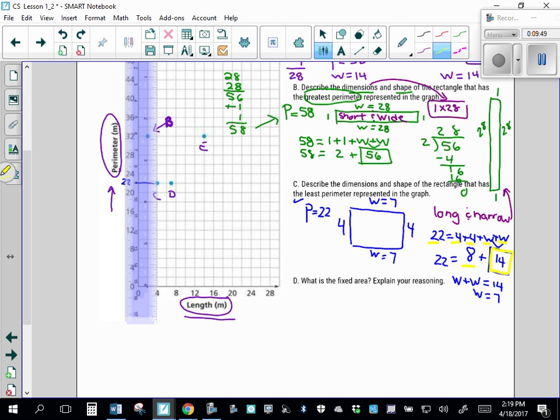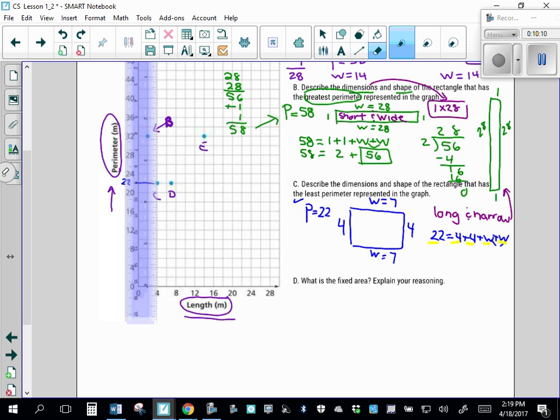Wait. So you would do it different than part B? No. So the perimeter is 22, right? Right. Okay, let's erase that. We can do it together so it makes more sense. So you get the perimeter's 22, right? Right.